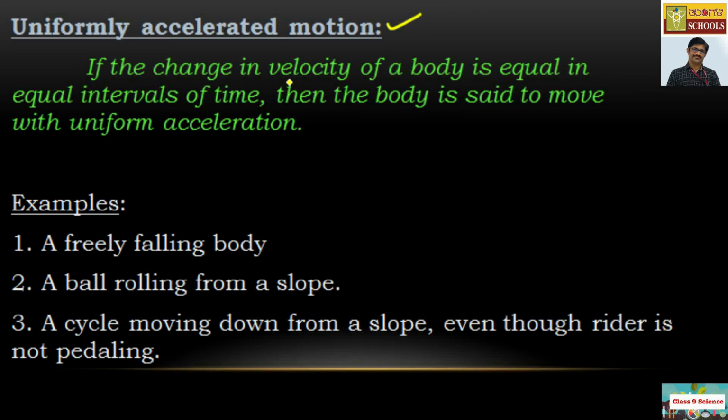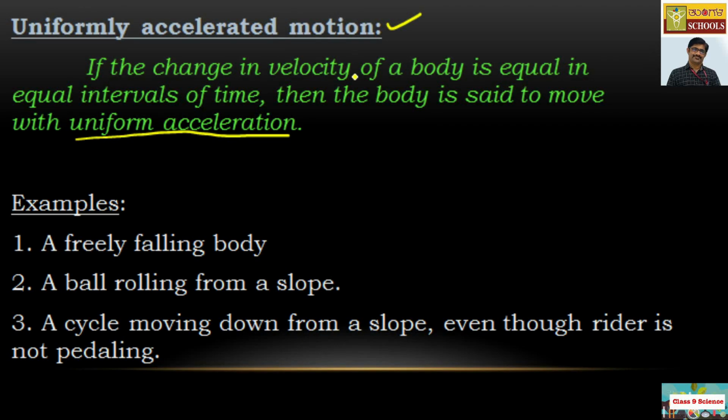If the change in velocity of the body is equal in equal intervals of time, then the body is said to be in uniformly accelerated motion, or to move with uniform acceleration.